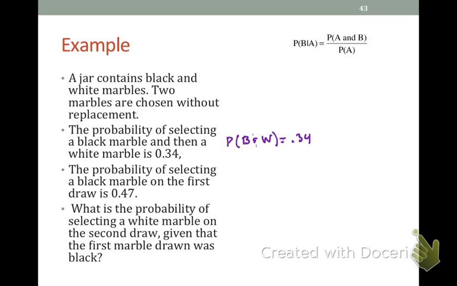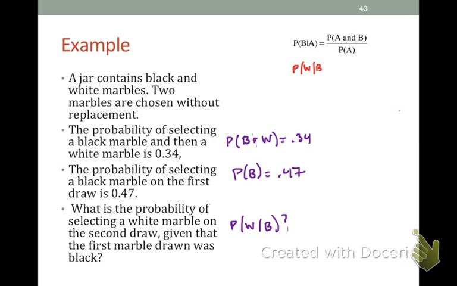Just the probability of B, all by itself. Yep. Good. Now, last one. What is it asking us for? What is the probability of selecting a white marble on the second draw given the first marble drawn was black? JD? Is it the probability of white given black? You got it. Okay? And the question is, what is that?